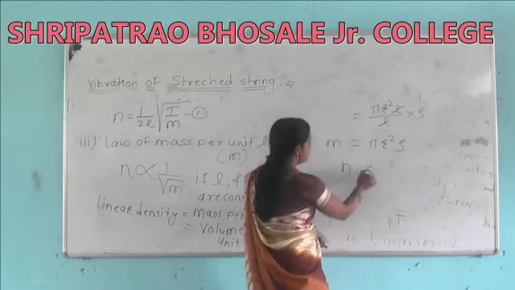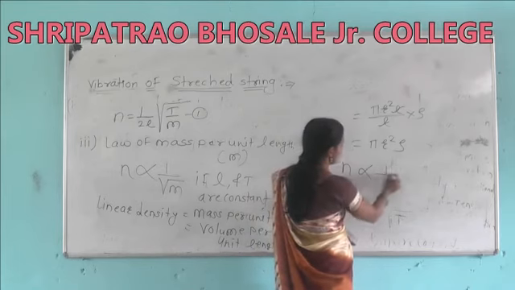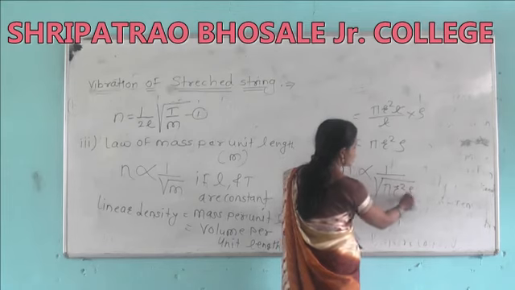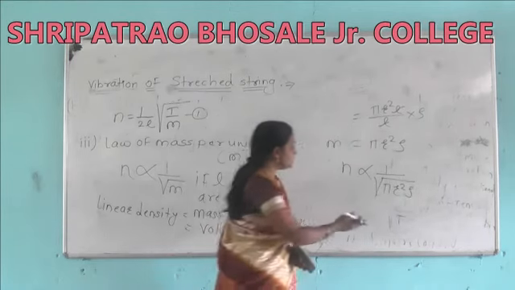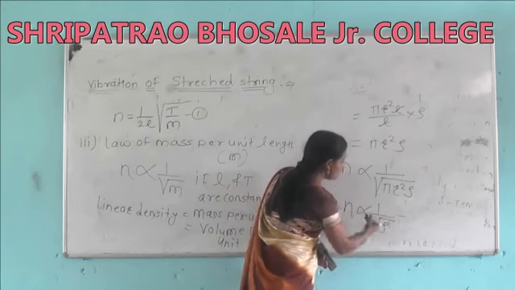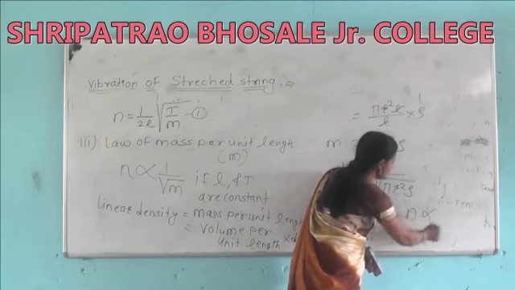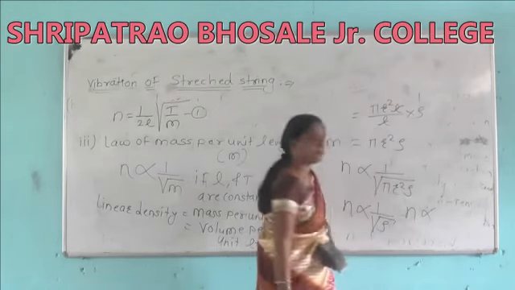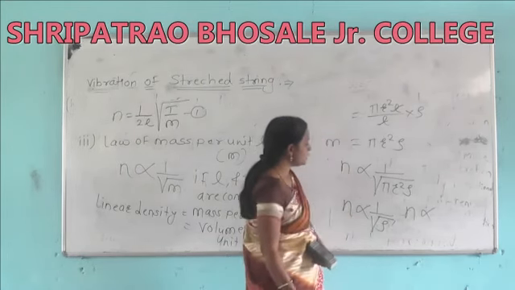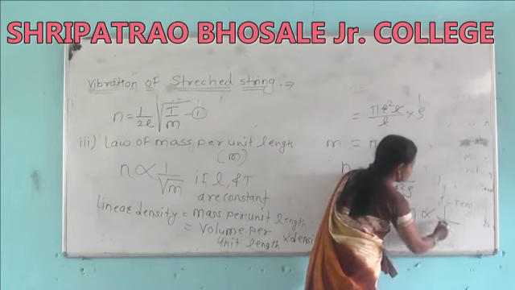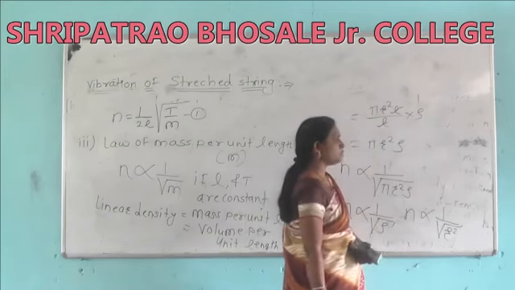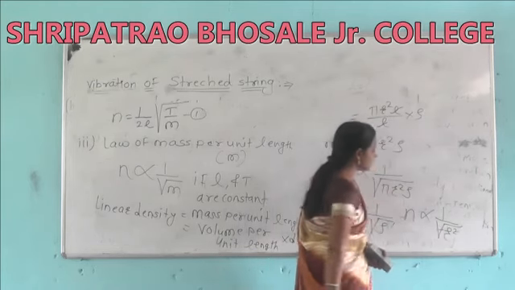Therefore, the fundamental frequency is inversely proportional to the square root of pi r square rho. Pi is constant here, so it is inversely proportional to the square root of density, as well as inversely proportional to the square root of r square. The square and square root cancel.